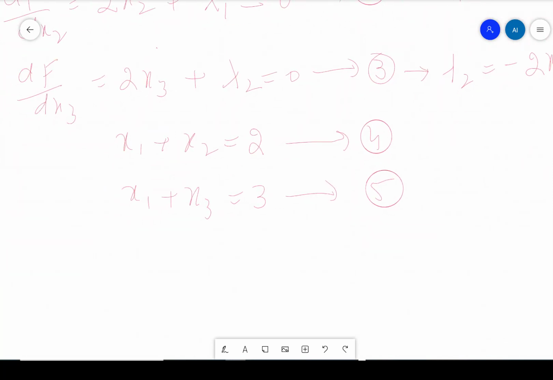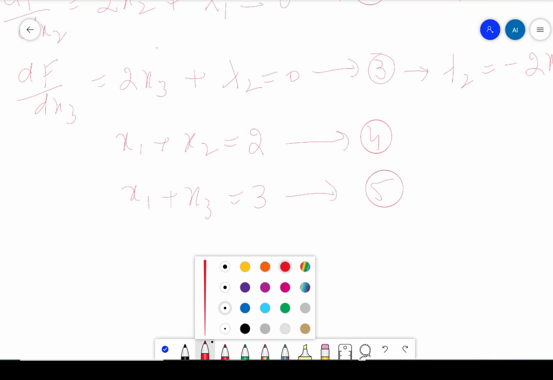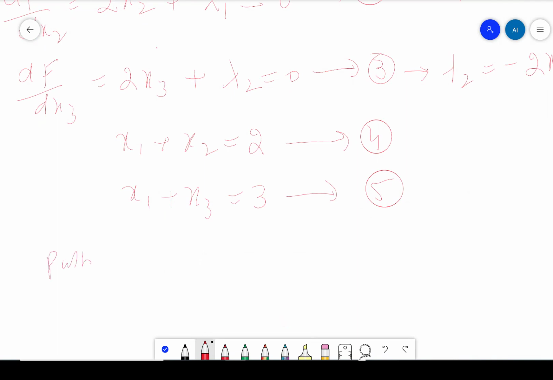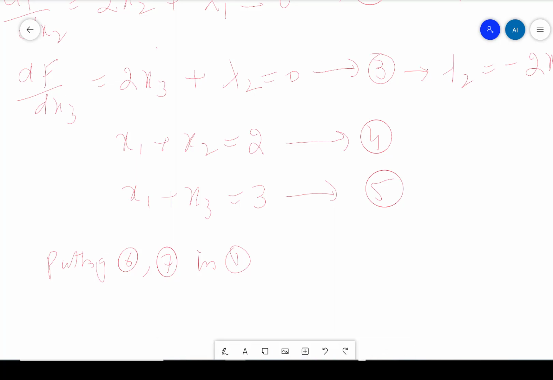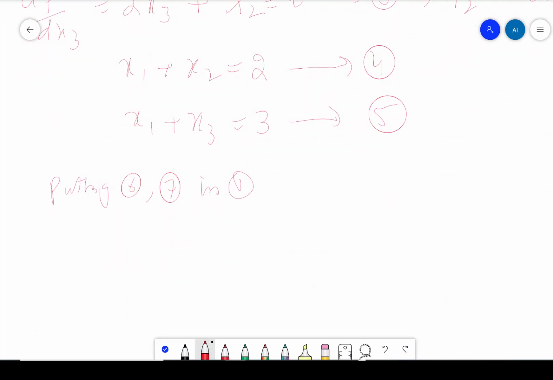After putting equation 6 and equation 7 in equation 1, it makes 2x1 minus 2x2 minus 2x3 is equal to 0, which makes this equation 8.